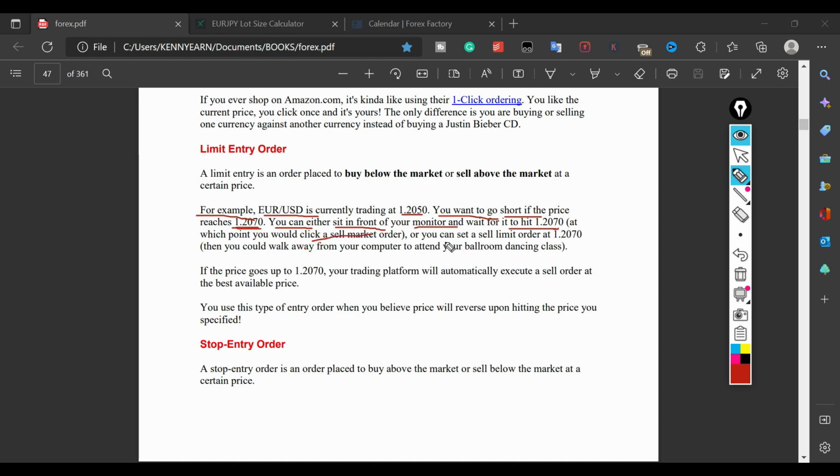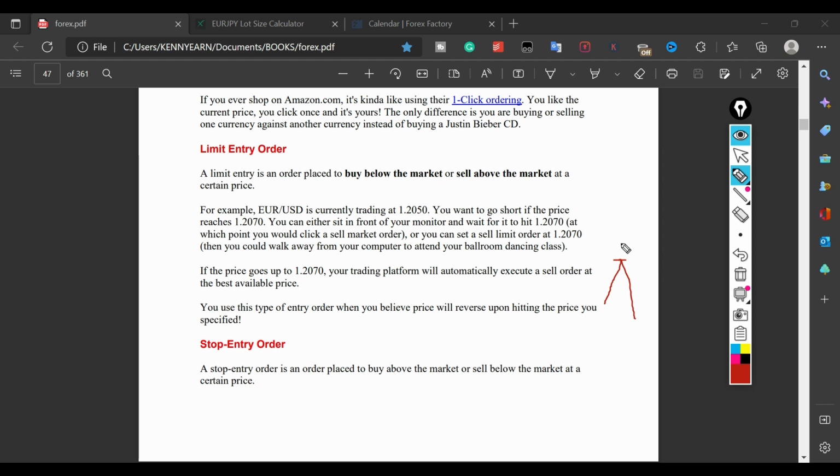But for you not to miss it, or if you can't be looking at the computer, you can sell with a limit order at that price 1.2070, and then you could walk away from your computer and attend to other things. If the market gets to the level, just like I said, your trade is going to go live into the market.